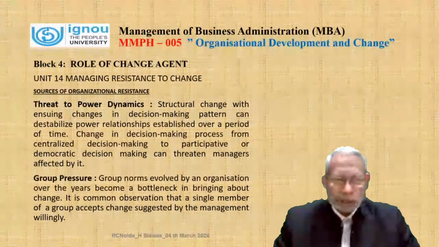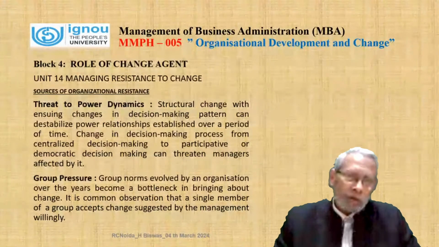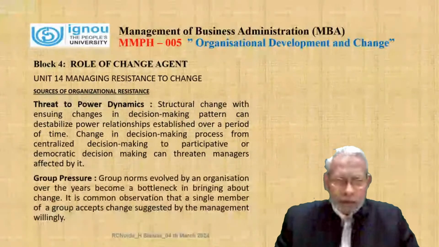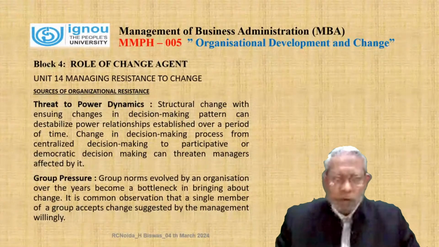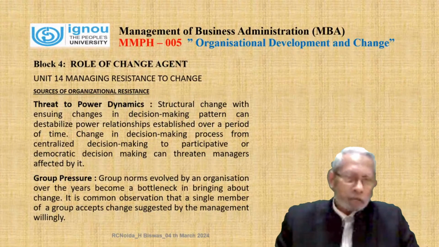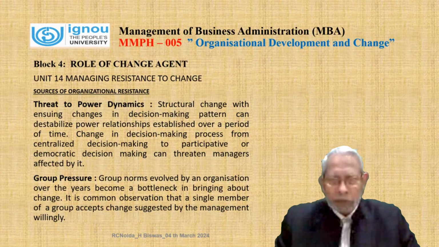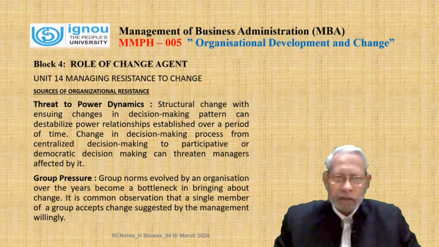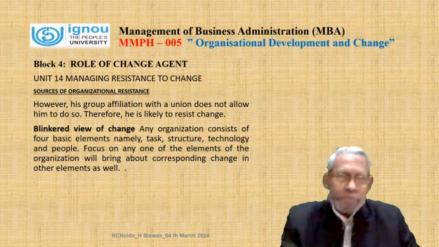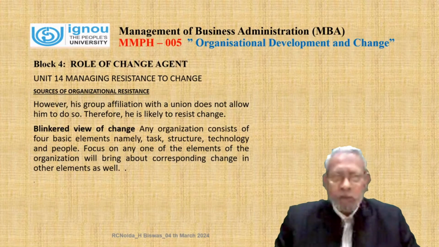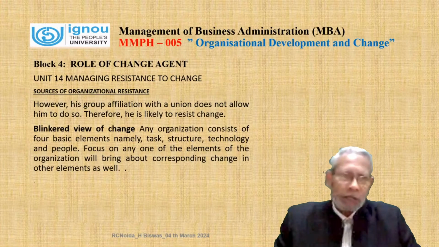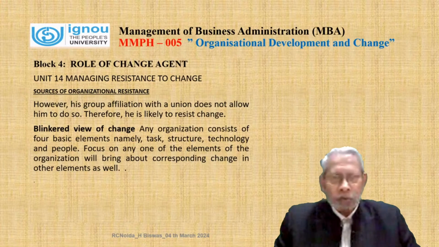So that is why group management and norms should be smooth and easily accessible, so that the bottlenecks and problems can be sorted out as early as possible. However, group affiliation with the union does not allow him to do so. Therefore, he is likely to resist the changes.